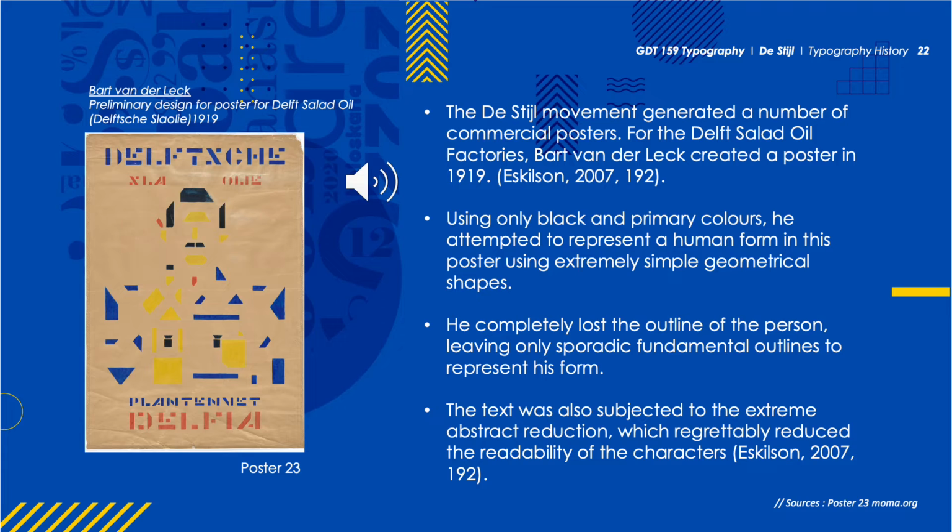He completely lost the outline of the person, leaving only sporadic fundamental outlines to represent the form. The text was also subjected to extreme abstract reduction, which regrettably reduced the readability of the characters.